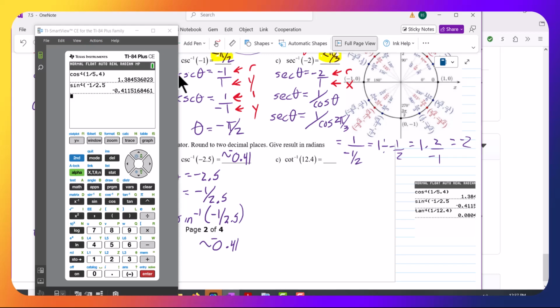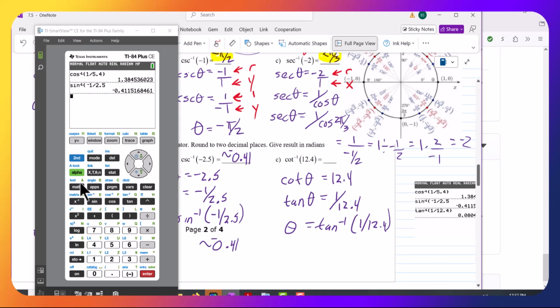And then the next problem, this is saying cotangent theta equals 12.4. So rewrite this as the tangent of theta equals the reciprocal. And then you can go to your calculator, and then you can do the inverse tangent of the reciprocal to get your answer in radians. So second tangent, get the inverse tangent to come out, do the reciprocal, 1 over 12.4.